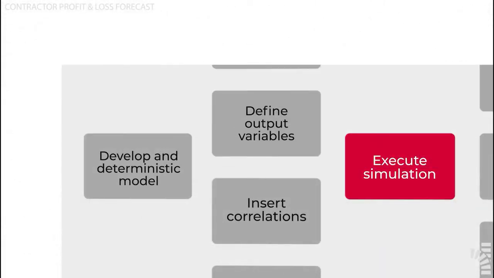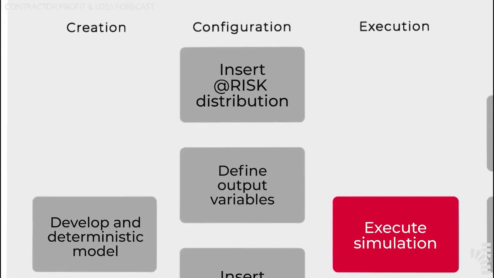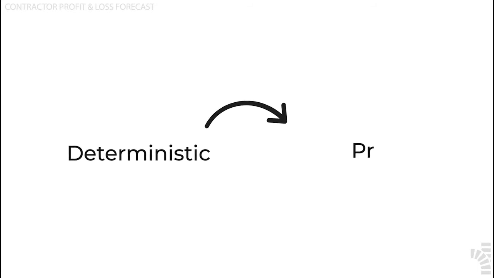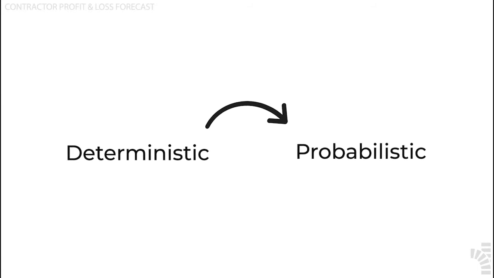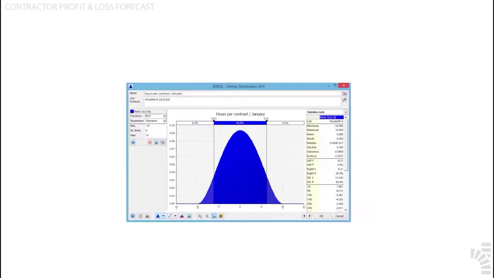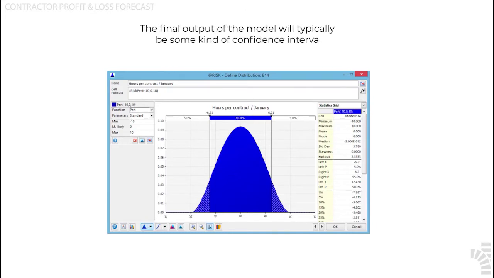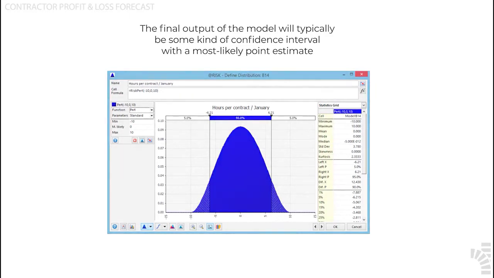Number 2, therefore, when we insert @RISK distribution functions replacing the key variables of the model, we are transforming it from a deterministic one into a probabilistic one. Stochastic models incorporate one or more probabilistic elements into the model, expressed as distribution functions, which means that the final output of the model will typically be some kind of confidence interval with the most likely point estimate.